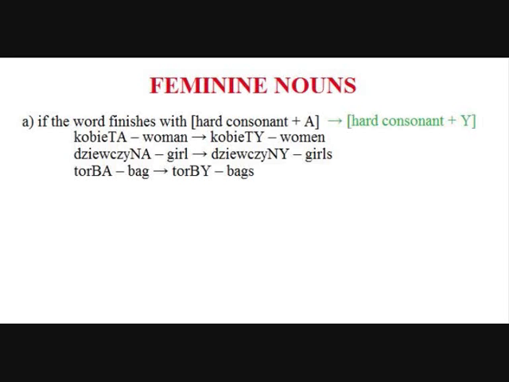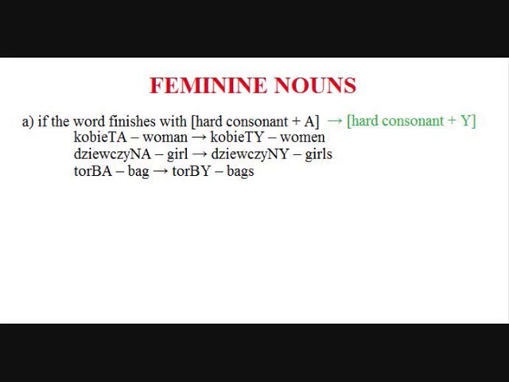When it comes to the feminine nouns, you have to follow a similar rule as the one for masculine nouns, but you have to eliminate the ending. For example, if the word finishes with a hard consonant plus a, you leave this hard consonant, but you put y instead of this a.